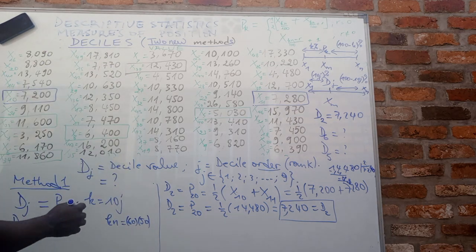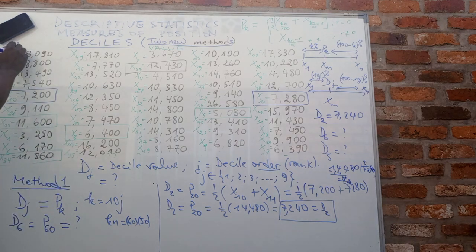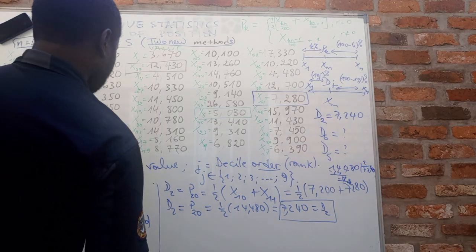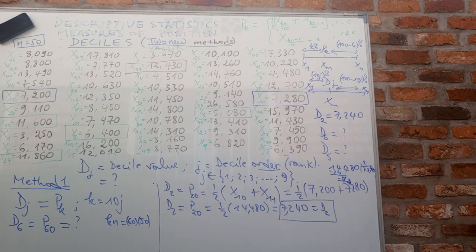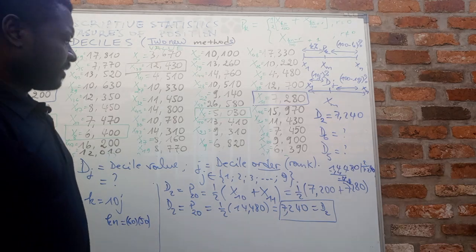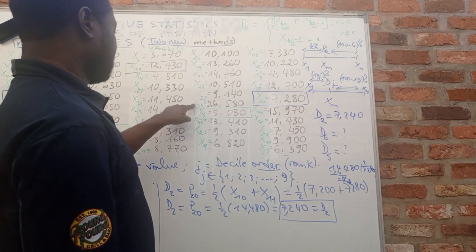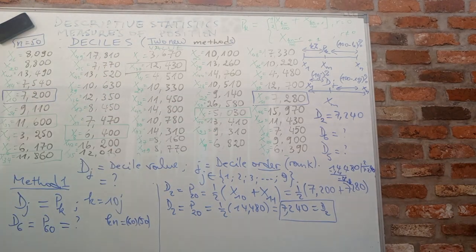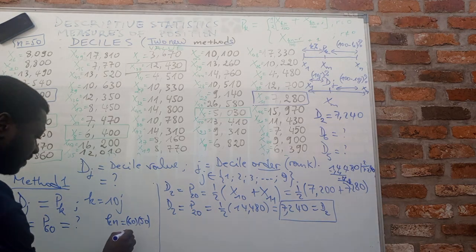I forgot to tell you N is equal to 50. All these data are 50 values. The highest element is 26,580.